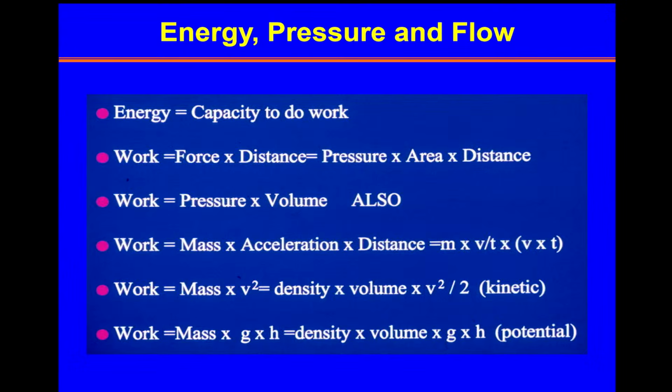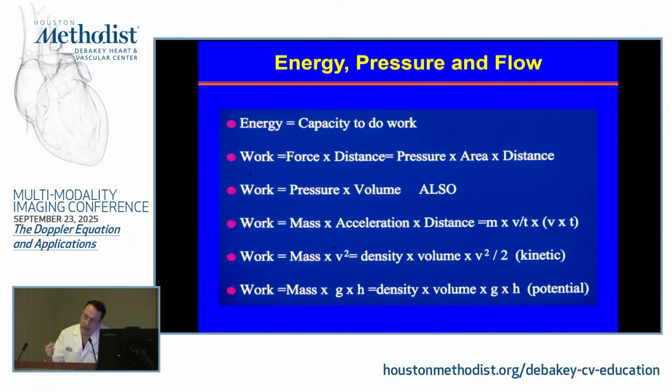Remember, in fluids, we do not deal with mass, we deal with volumes. And so here we can say density multiplied by volume by the velocity squared over 2. This is the kinetic expression for work. So here, for me to do that calculation, I need to know the volume of blood and the velocity with which that blood is moving.